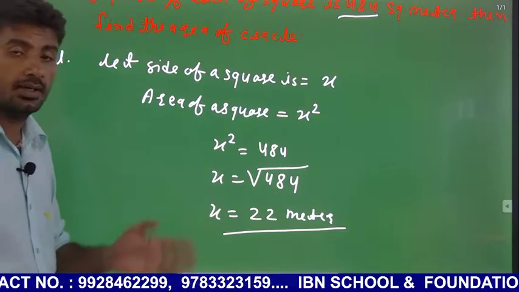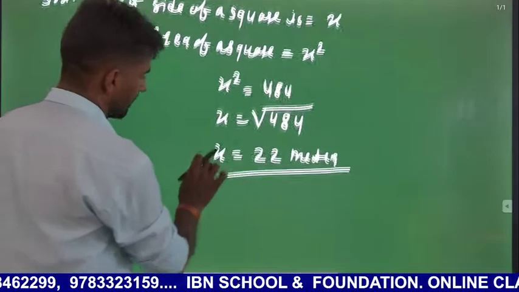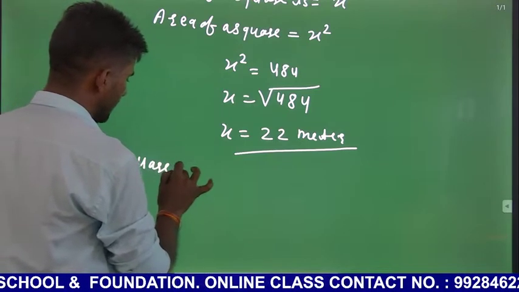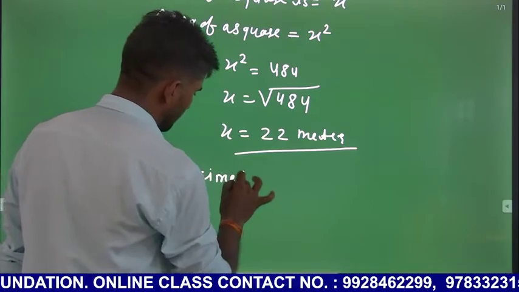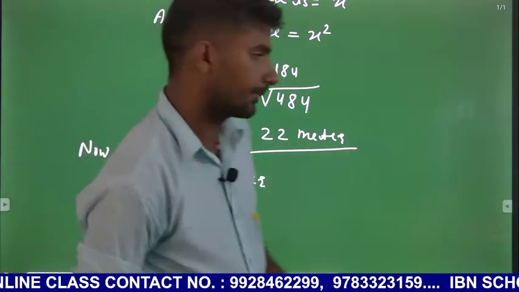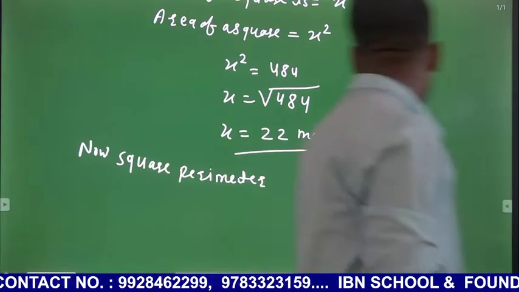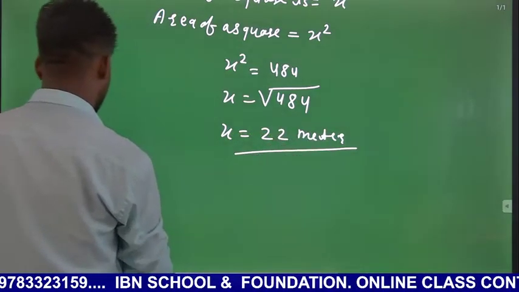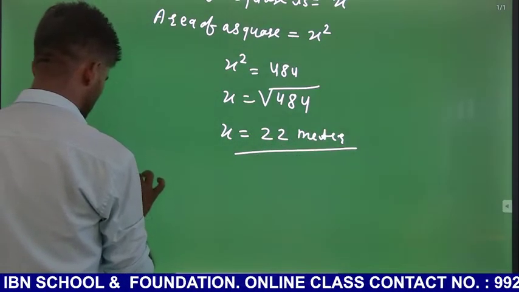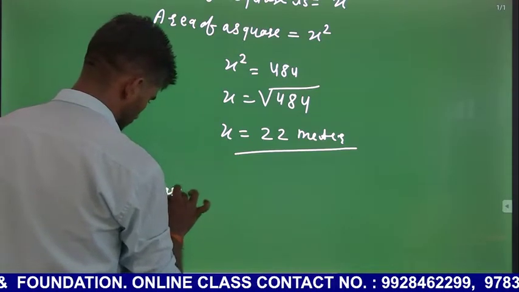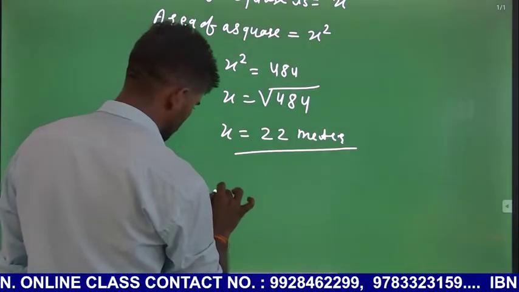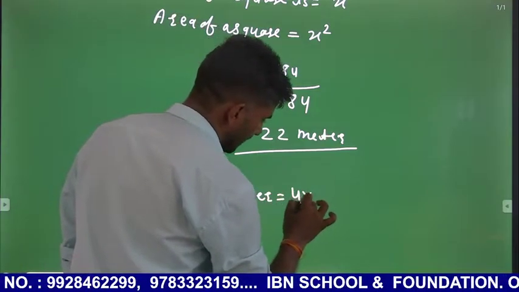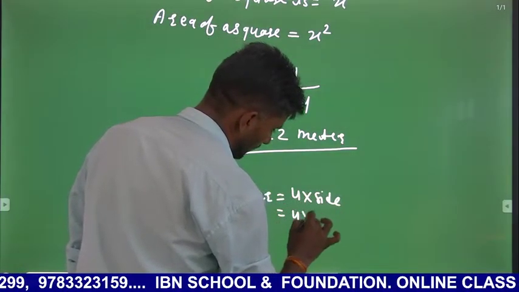Now we find the square perimeter. The square perimeter is equal to 4 multiplied by side, so 4 multiplied by x is equal to 4x.